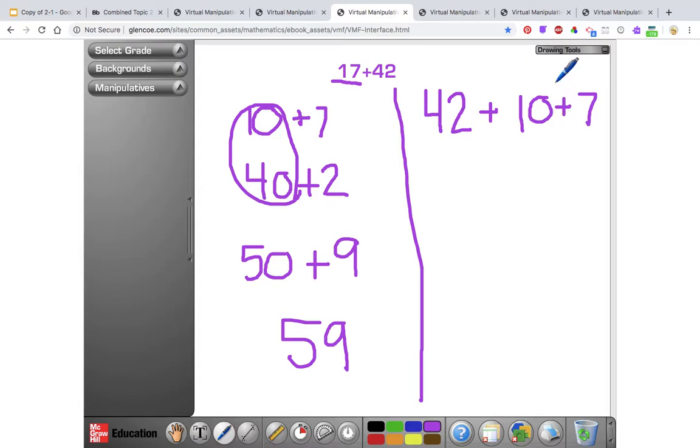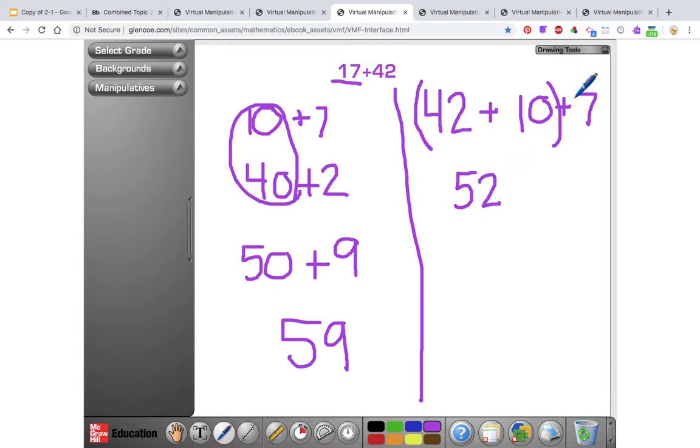I'm going to take the first part of that, and we know using the associative property that I can add in any order and I will still have the same sum. So 42 plus 10, we would add that first. Go ahead and do that with me, which would be 52.